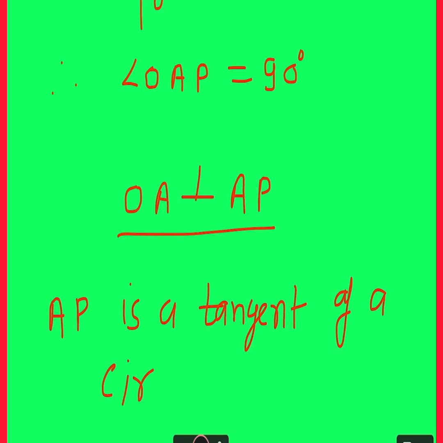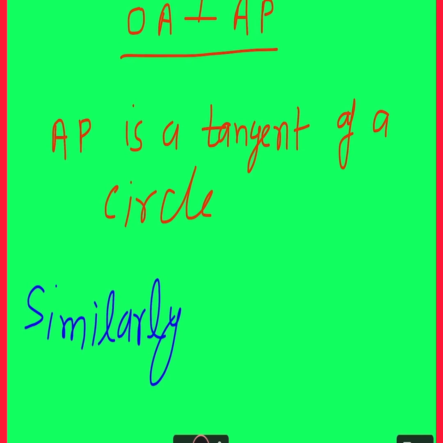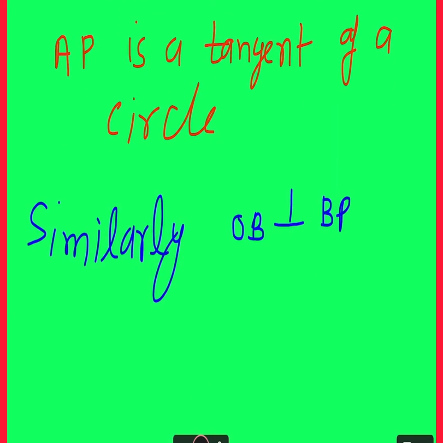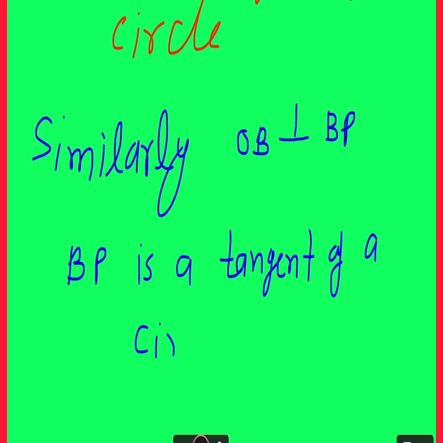And similarly for the second, you can see that OB is perpendicular to BP. So you can see that BP is a tangent of a circle. So this is the justification.